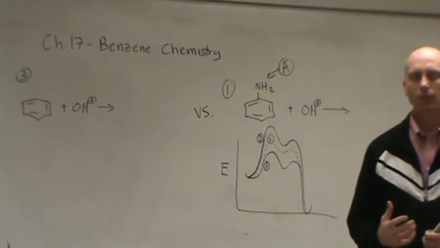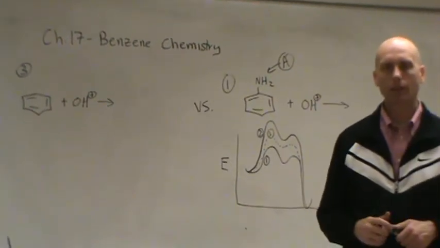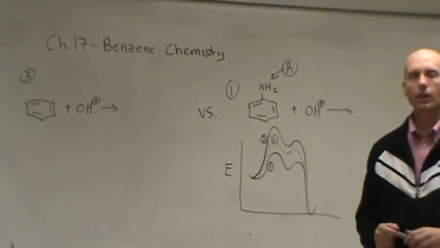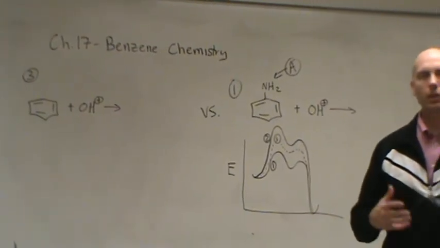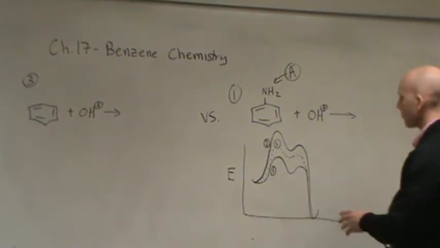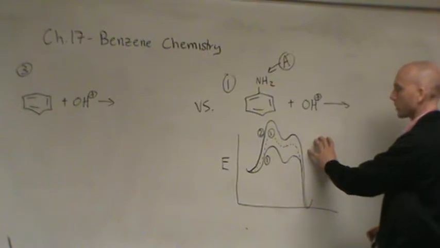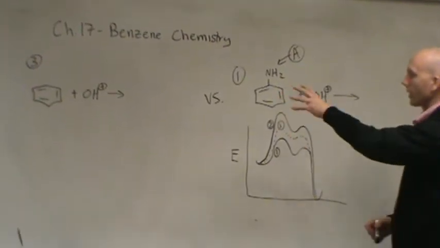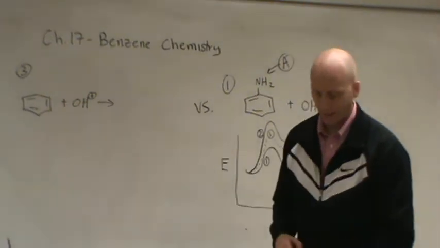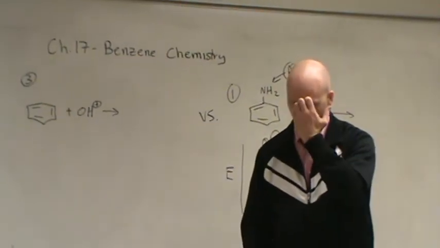So benzene is not as fast as having an activator on there, but it's not as slow as having a deactivator. It's always in between. Okay? So make sure you understand this plot here as it applies to activators and deactivators on the benzene ring.